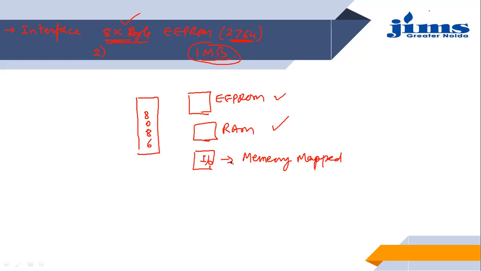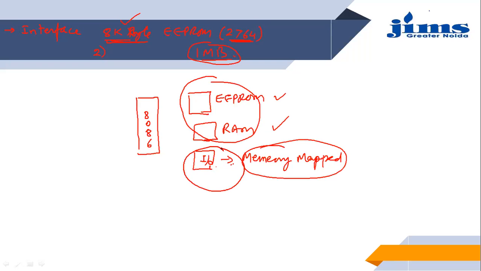They will be addressed, read, or written to as if we are reading or writing the memory. So I will be connecting all the memories, including the peripherals if they are in memory mapped IO, using all the addressing and the instructions meant for the memory, that is memory read and memory write.